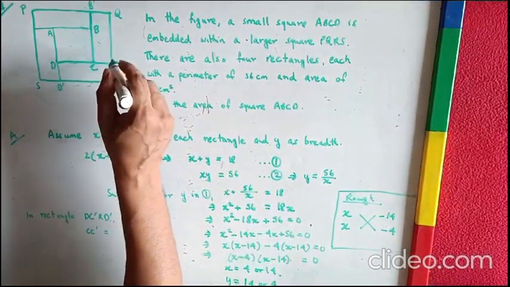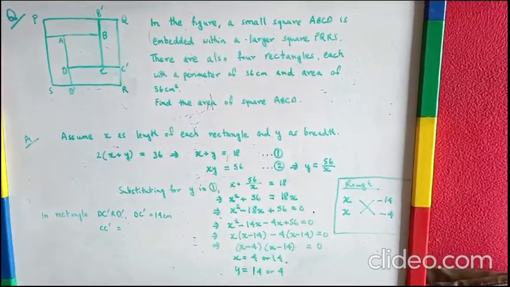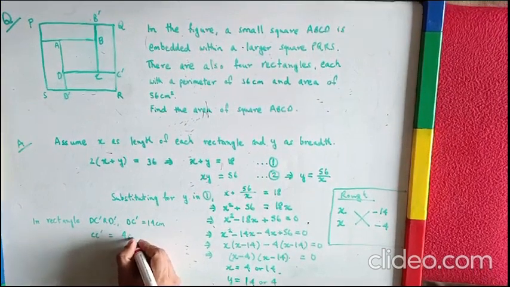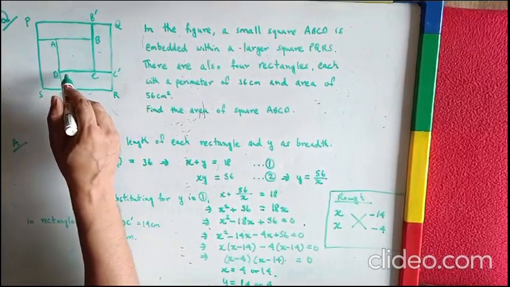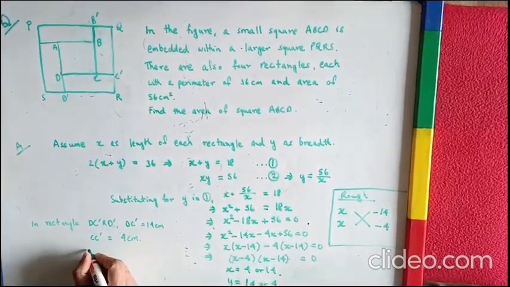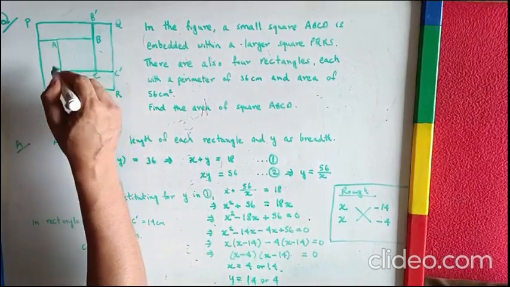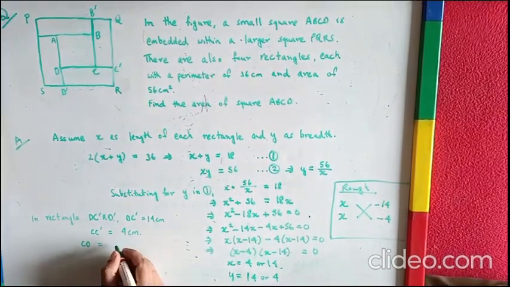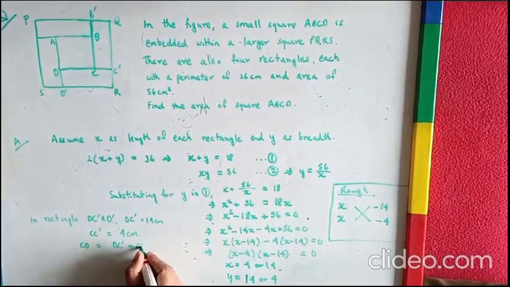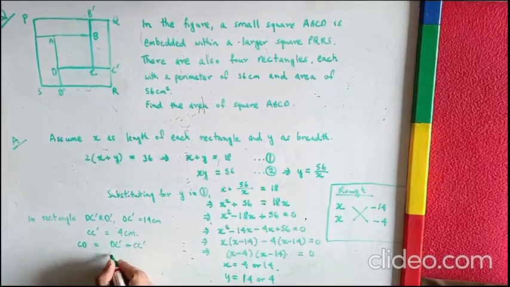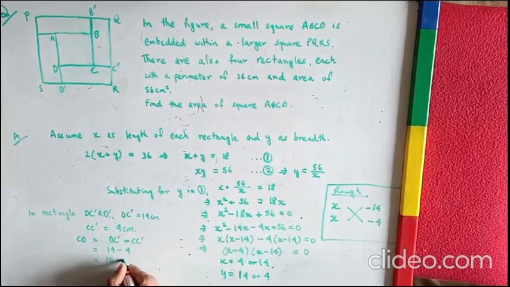So CC dash is nothing but the breadth of each rectangle, which is nothing but 4 centimeters, right? So what is DC or CD? So CD, which is basically the side of this square ABCD, is equal to DC dash minus CC dash, which is 14 minus 4, which is equal to 10 centimeters.